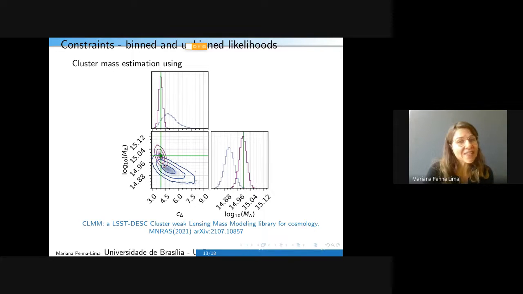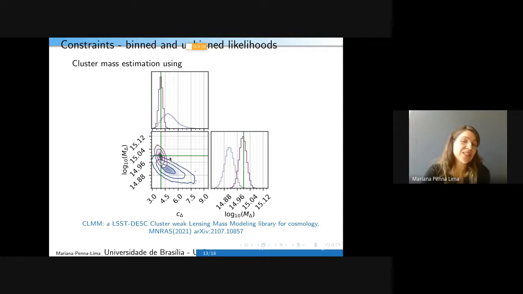And as we obtain here for concentration and mass, this huge difference between binned and unbinned likelihoods, we also get similar results for cluster cosmology when we fit the cosmological parameters.